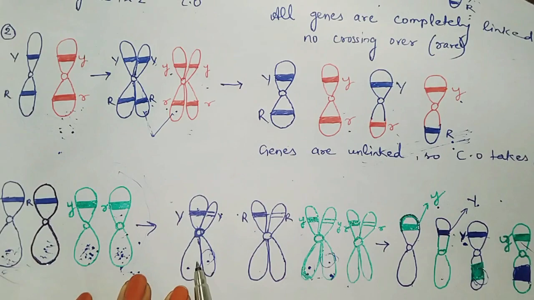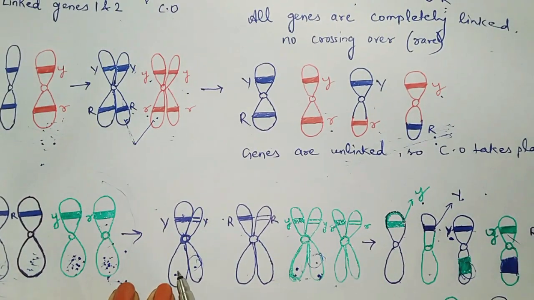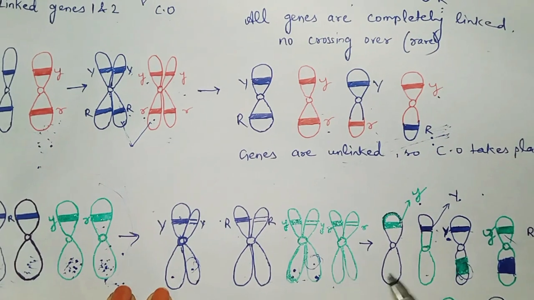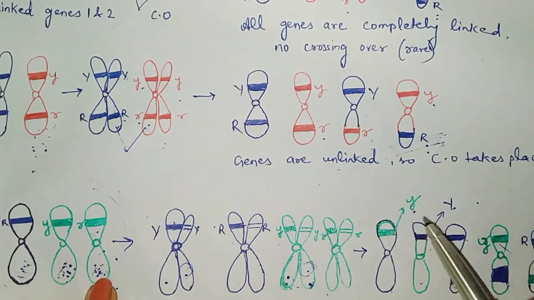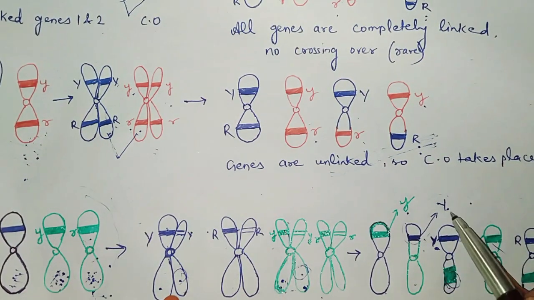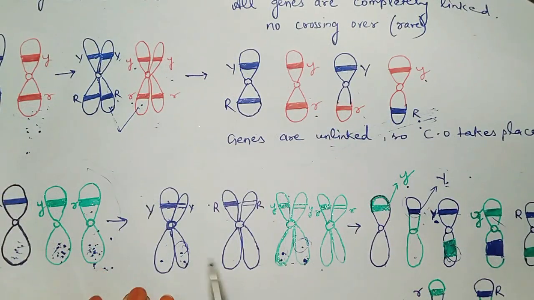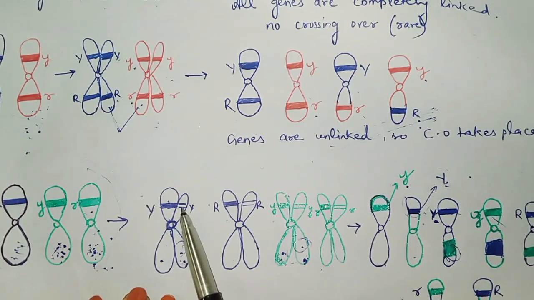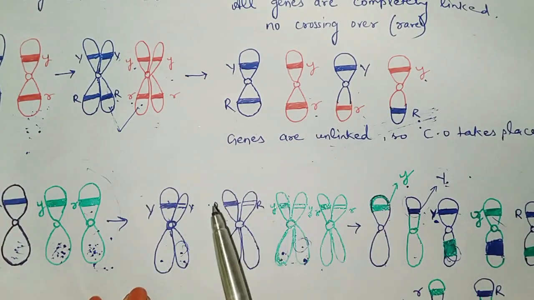So here crossing over will take place between this and this chromosome. When these two chromosomes undergo crossing over, this blue chromatid will have a small green segment. See here, the blue chromatid is having a small y allele, and this green chromatid is having a small blue allele, that is capital Y instead of small y and small y instead of capital Y. When this one and this one undergo crossing over, it takes place in some other place, not in the region where our concerned gene is present, because one single chromosome has many genes, not only 1 or 2 genes.